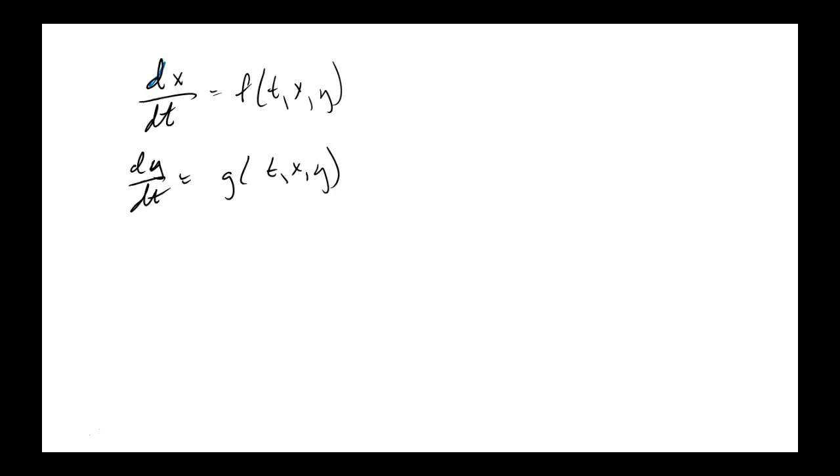T is your one and only independent variable. A solution for such a system as this is a pair of differentiable functions. X is equal to phi1 of t, and y is equal to phi2 of t. Okay? Defined on the common interval I. They both must fit on the same interval I that satisfies each equation in the system.